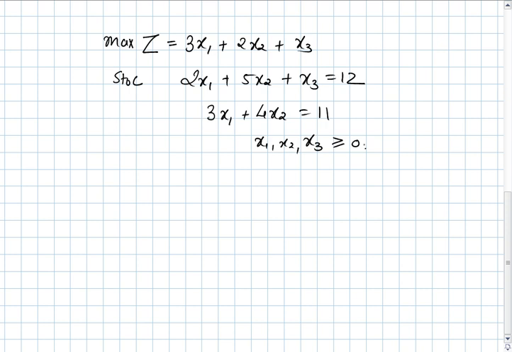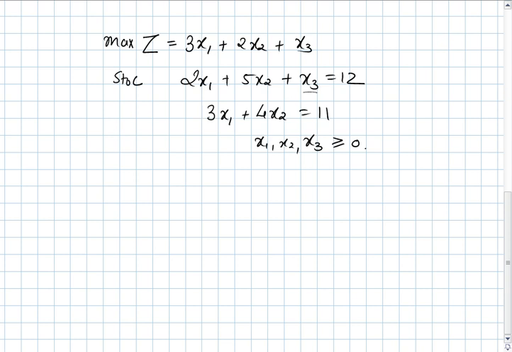If this is the given situation, then to get an initial basic feasible solution we do not need to introduce another variable, since this is already in standard form. You can start by taking x3 equal to 0 and finding the values of x1 and x2, so that is okay.